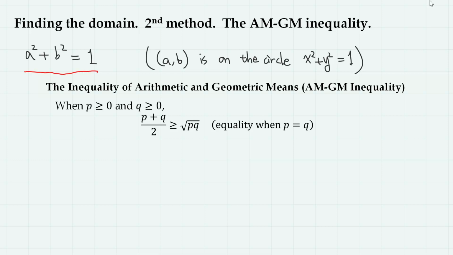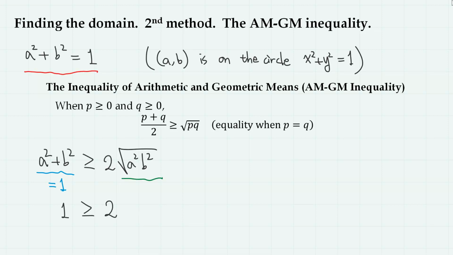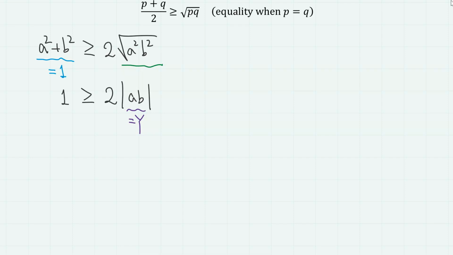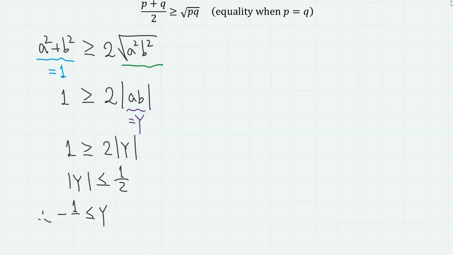Then we use the famous inequality of arithmetic and geometric means, which gives a squared plus b squared is greater than or equal to 2 times the square root of a squared b squared, and this a squared plus b squared equals 1, so we have 1 greater than or equal to 2 times, and we can write this as the absolute value of ab, and this ab is Y. So we have 1 is greater than or equal to 2 times the absolute value of Y, which gives the absolute value of Y is less than or equal to 1/2, which means Y is greater than or equal to minus 1/2 and less than or equal to 1/2.